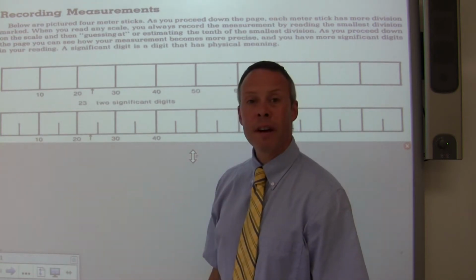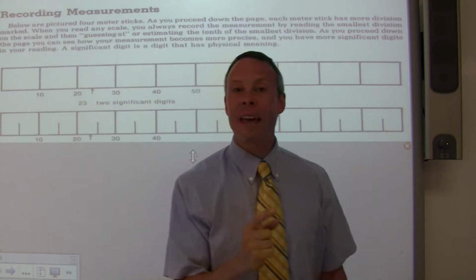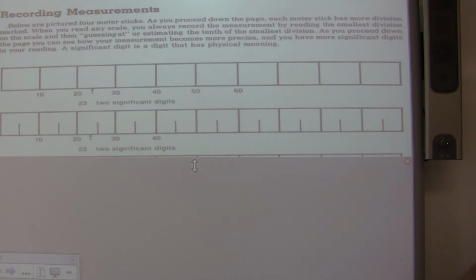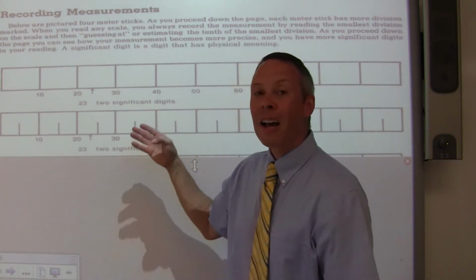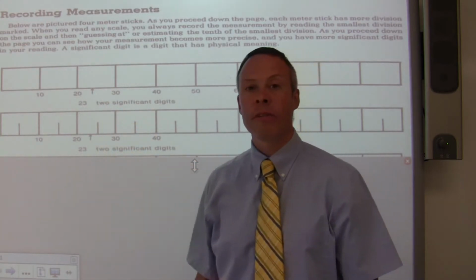It's not quite 25. So again, the only thing you can say about this ruler is that the length of that arrow is 23 centimeters. So again, it has only 2 significant digits. This ruler is not going to help you much more than the top ruler. Either one is giving you 2 significant digits.